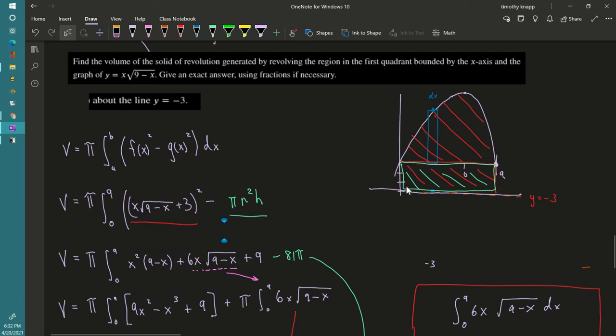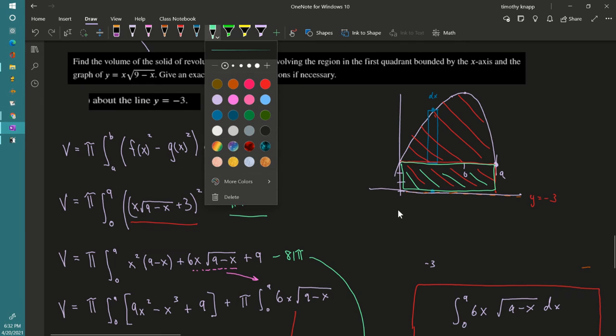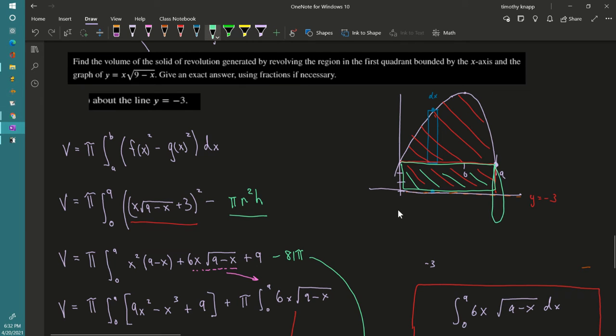It's going to be a cylinder when I rotate this whole thing around. It's got a height of 9 and a radius of 3, so that's just going to be 81 pi. That leaves this as the setup for the whole thing.